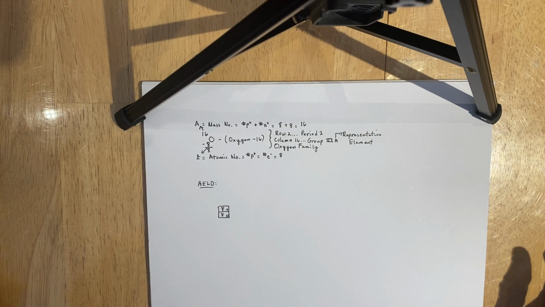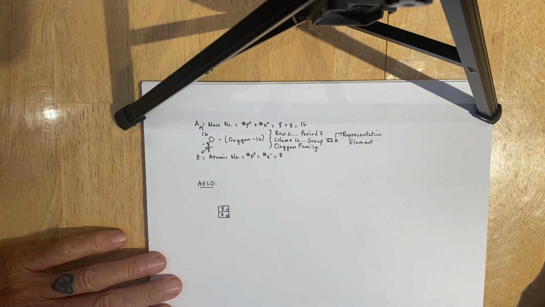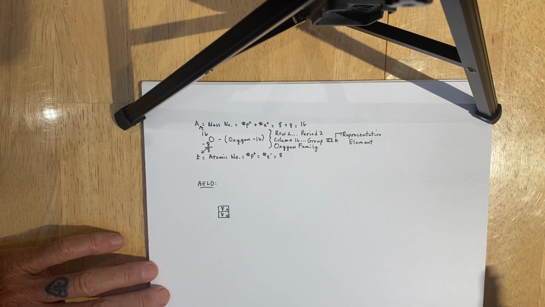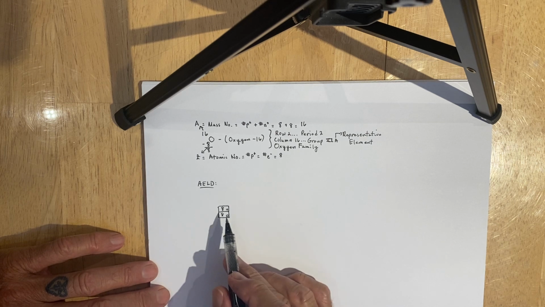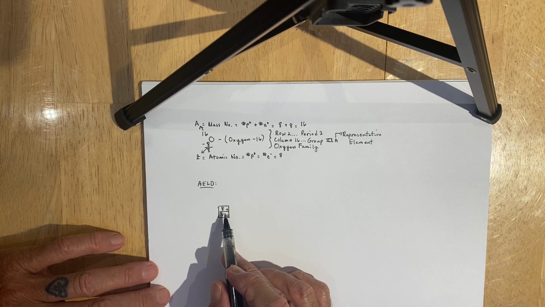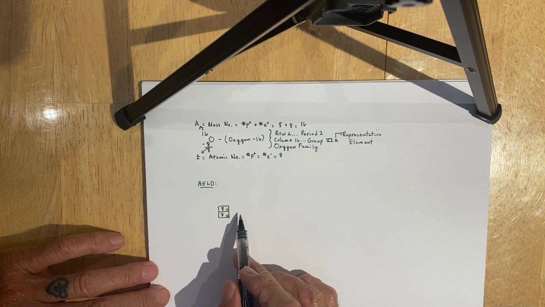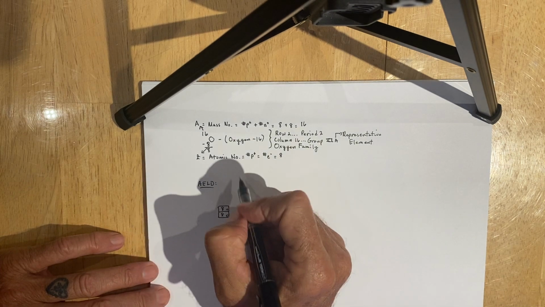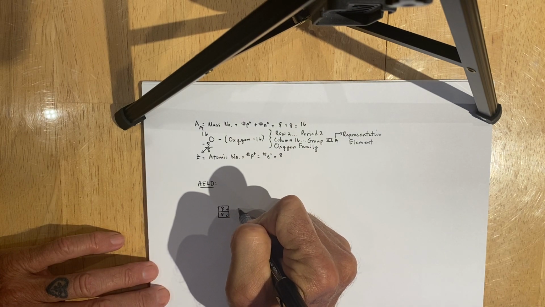Notice that we do not say there are 8 protons and 8 neutrons in the nucleus. We are saying they are the nucleus. With that being said, we need to position 8 electrons in the energy levels. So therefore, if we have 8 protons, we have 8 electrons that we have to position.